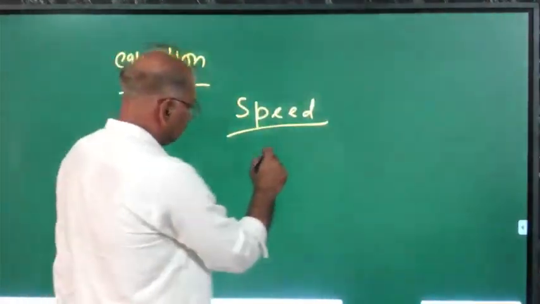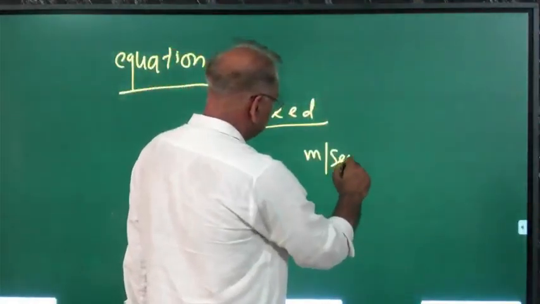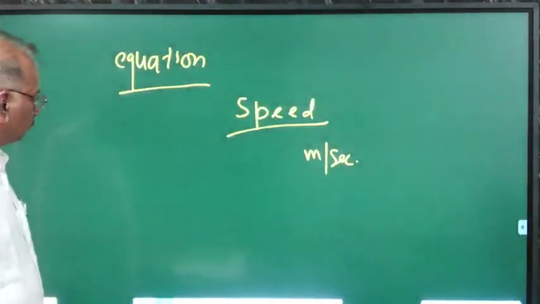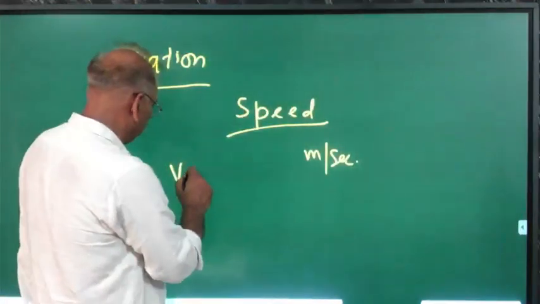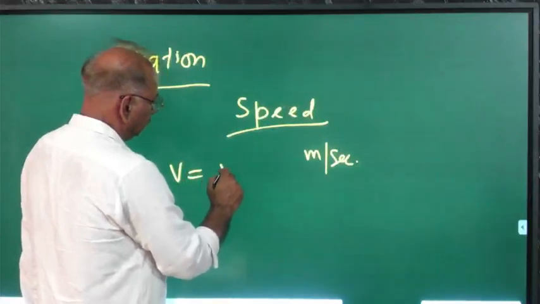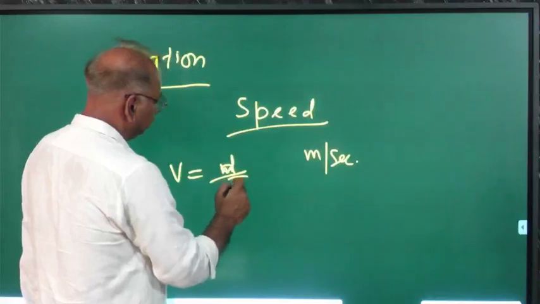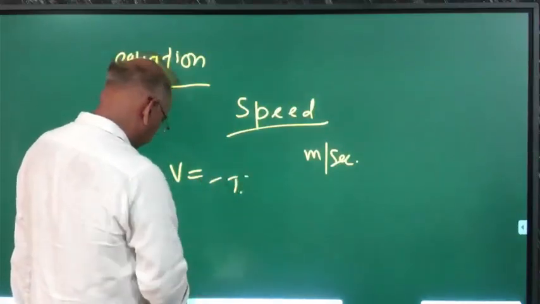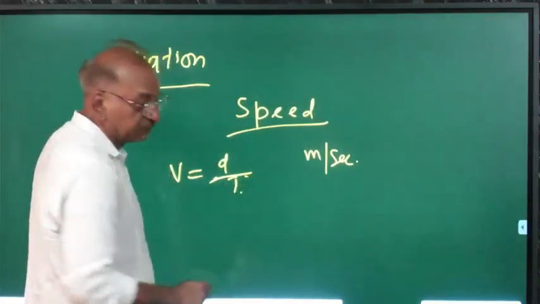Speed is measured in meters per second. So v is equal to distance upon time, right?